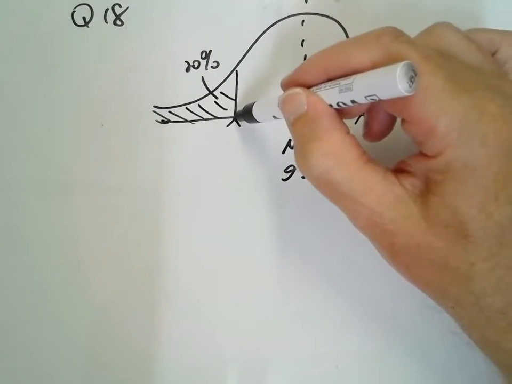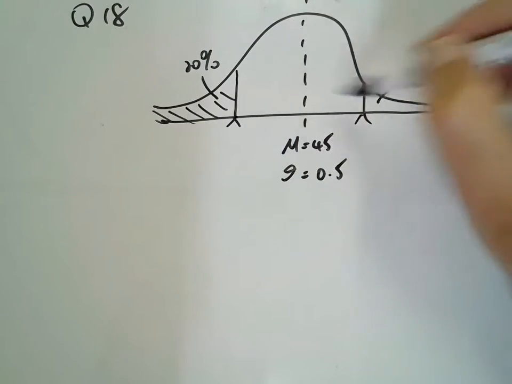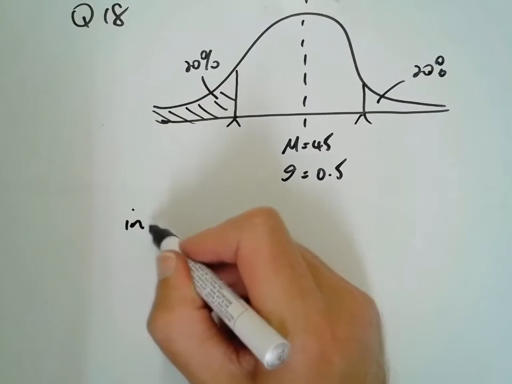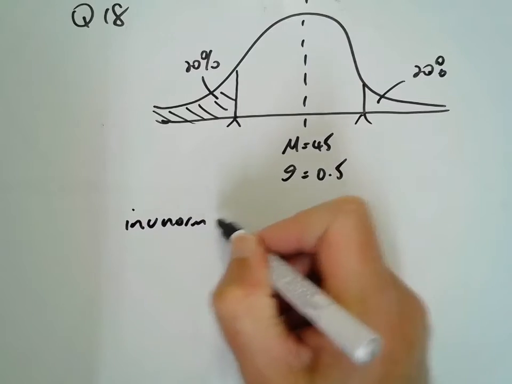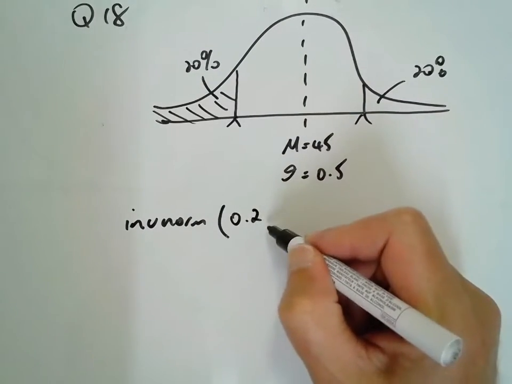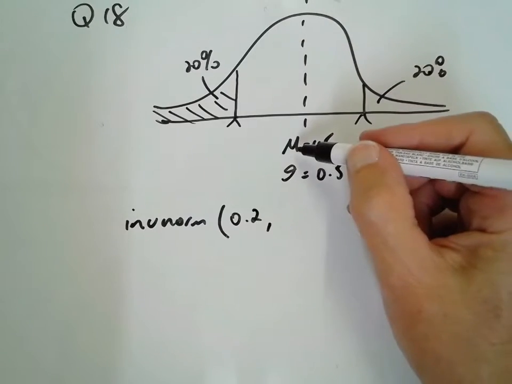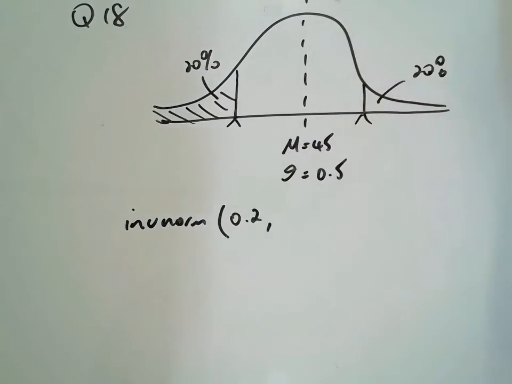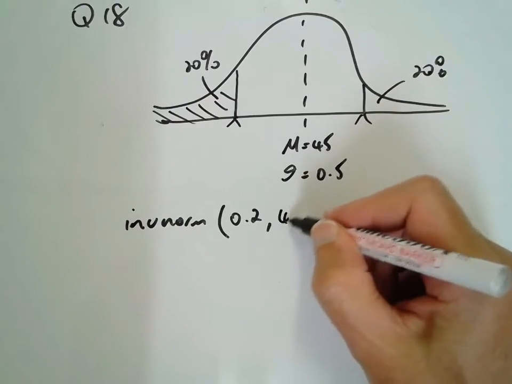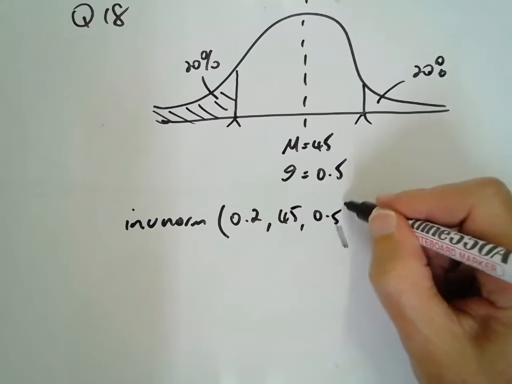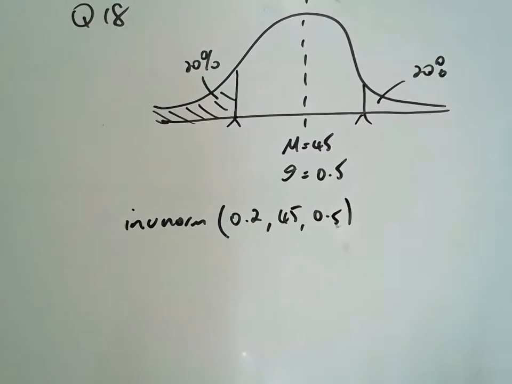Okay, so sort of makes sense because our calculator measures from underneath. We'll look at this one first. Clearly they'll be symmetrical about there. So let's think, inverse norm. Our area is 20%, 0.2. Here it's not a Z, it's a real life model. So mu is 45, standard deviation is 0.5.